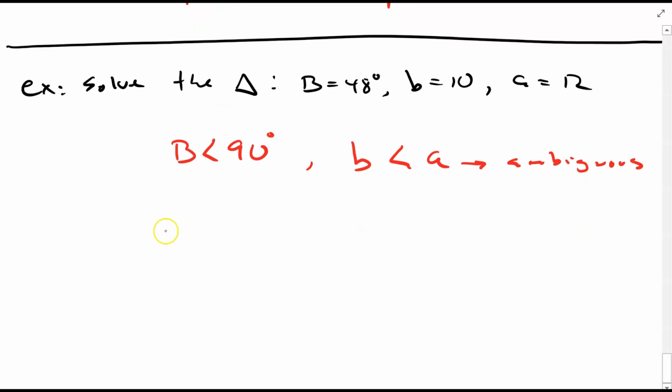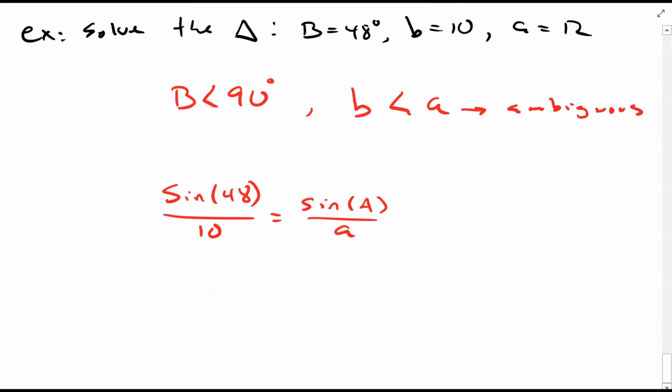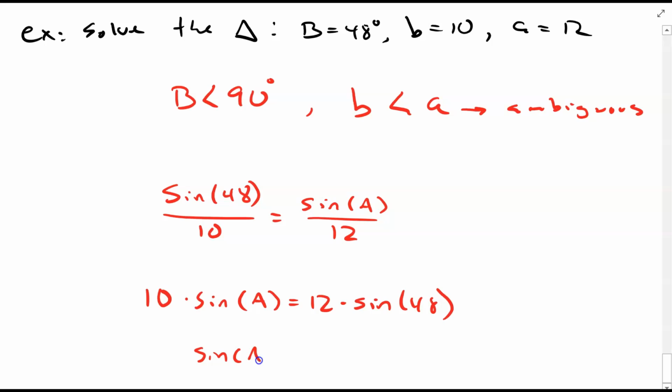All right. Just like we did before, I'm going to set up my law of sines. I'm going to solve for side, I don't know why I wrote a little a there, I should have written 12. I'm going to solve for angle A by cross multiplying, and then I'll divide by 10.